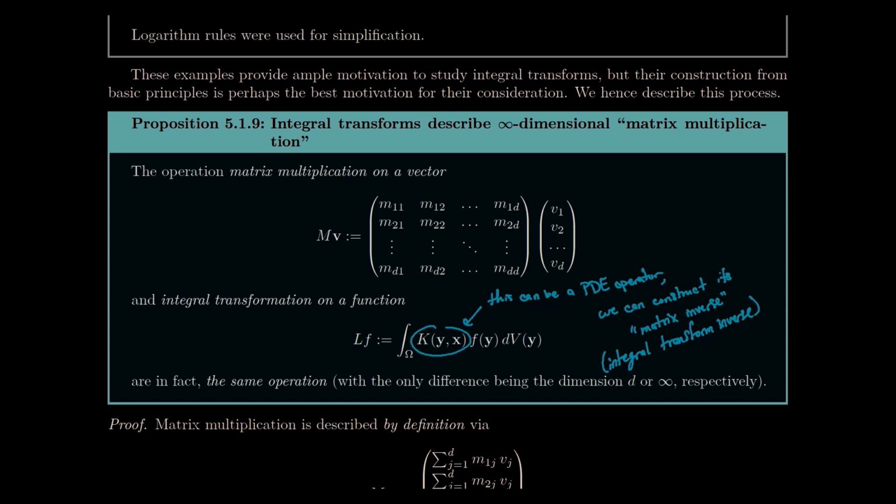And when we construct that matrix inverse or integral transform inverse as a function of 2 variables, right? Because a matrix is always a function of 2 variables, and an integral transform, or the kernel, is a function of 2 variables. Its matrix inverse or the kernel inverse will be a function of 2 variables. And that's going to be our Green's function.